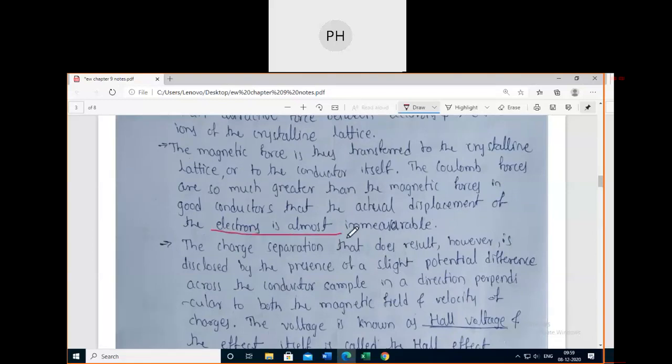Whatever the charge is, because of the magnetic field and the Coulomb force, the Coulomb force is much greater compared to the magnetic force.